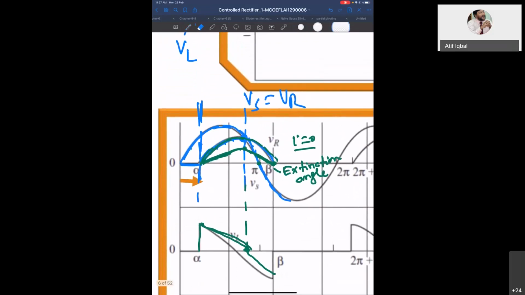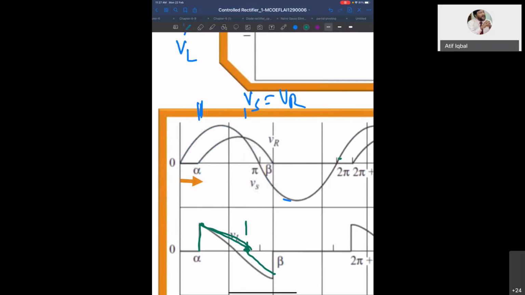Then the average voltage. Let me draw the output voltage waveform, it is not drawn here. It will look like this. This is how the output voltage is.